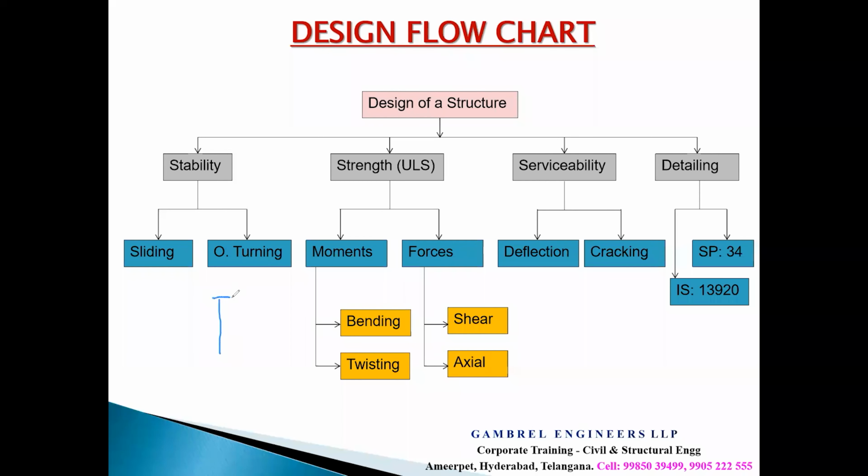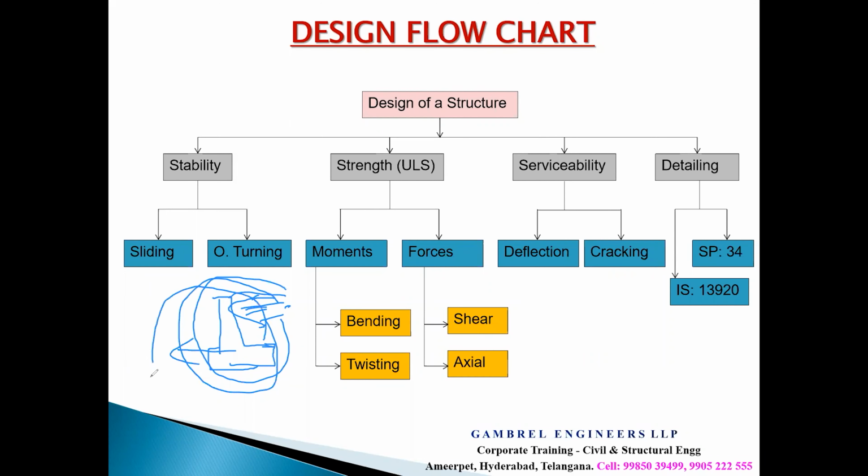When we have a dam or a retaining wall like this, obviously the objective is to support horizontal forces. When there is a major impact due to these horizontal forces, obviously the structure gets slid or overturned.